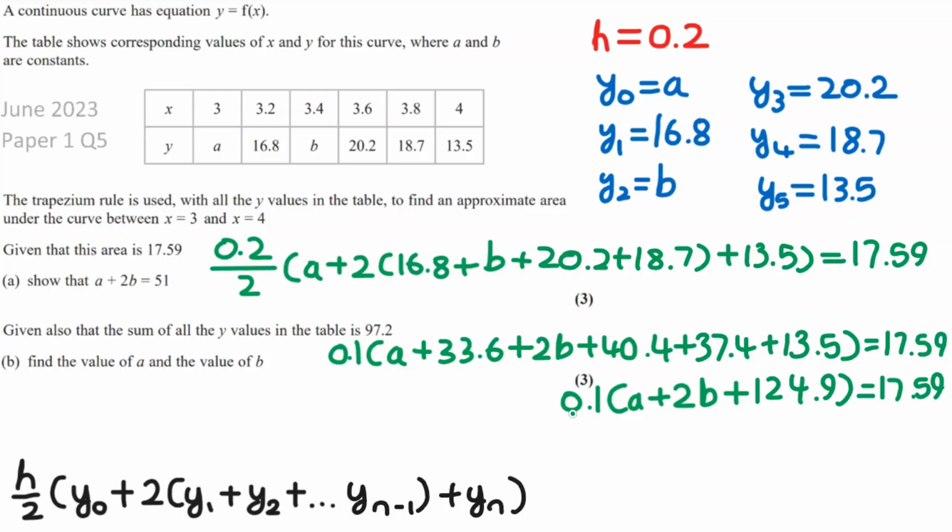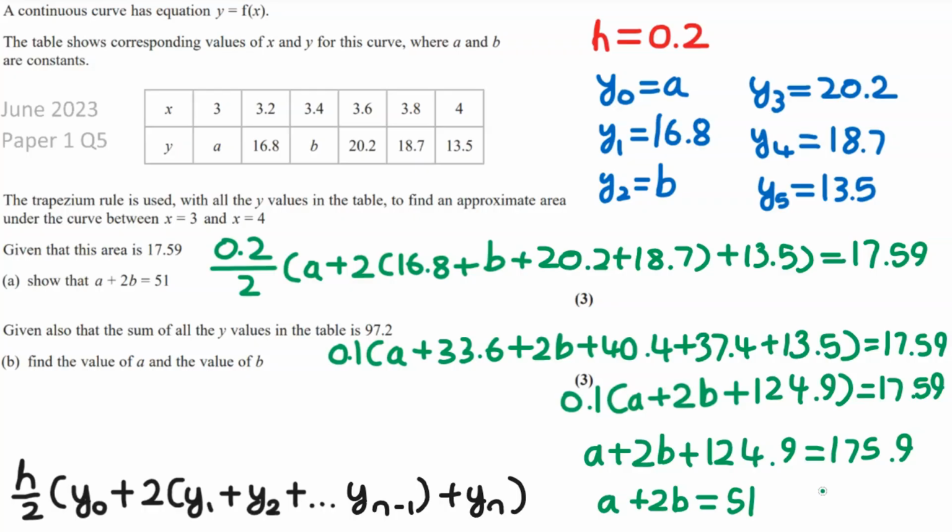What we can do is divide both sides by 0.1 to get rid of it on this side, so we get that a plus 2b plus 124.9 is equal to, and if you divide 17.59 by 0.1, it's equal to 175.9. It's the same as multiplying it by 10, and then move this onto the other side, so we get that a plus 2b is equal to 51, which is what's required.